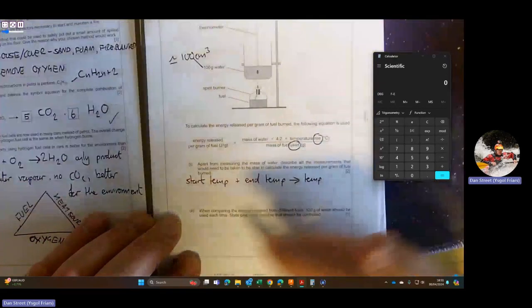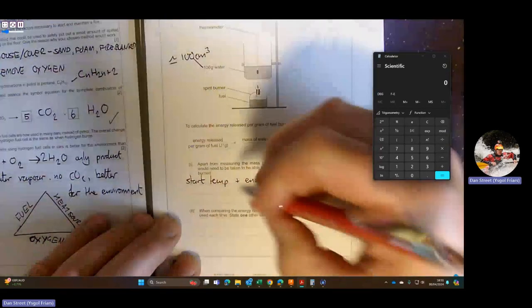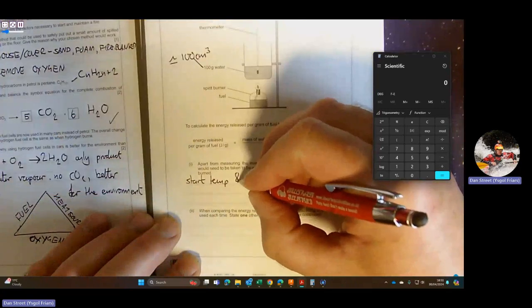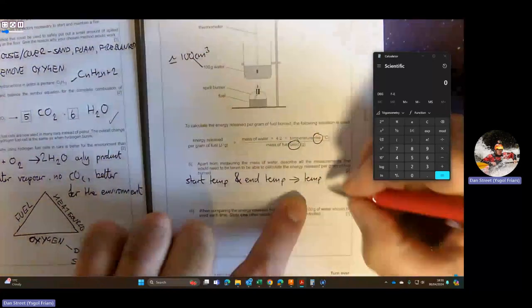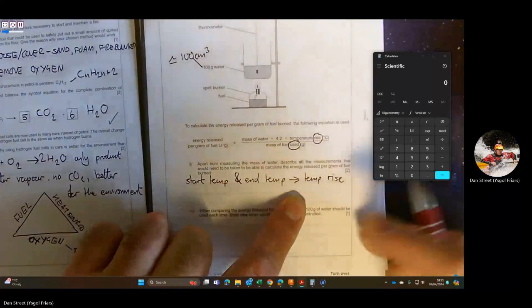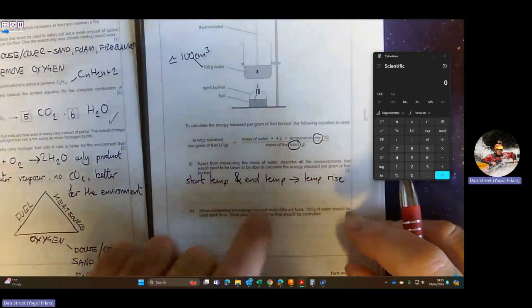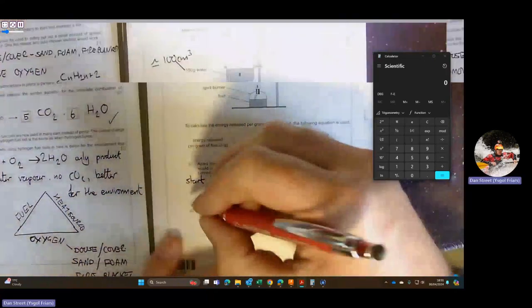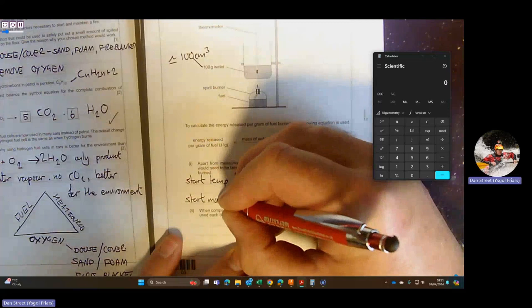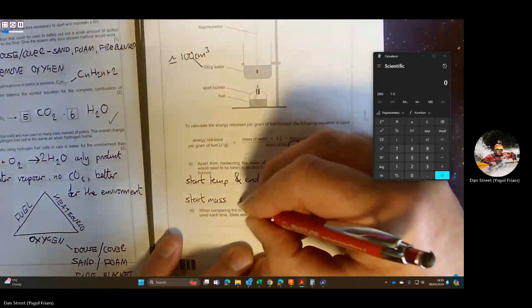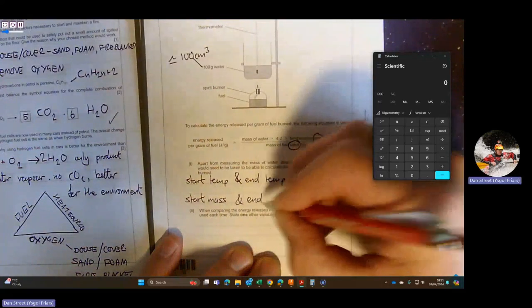If you take the start from the end temperature, I should have used an ampersand there rather than a plus sign. So start temperature and end temperature, and that gives you the temperature rise, because if you take that value from that value, you'll get an increase in temperature. And you also need the start mass of the spirit burner and the end mass.